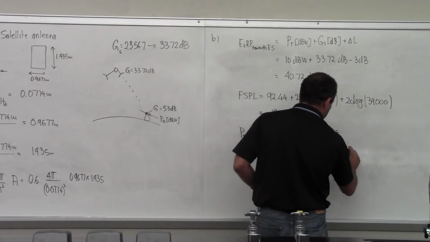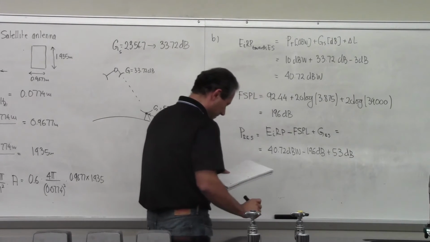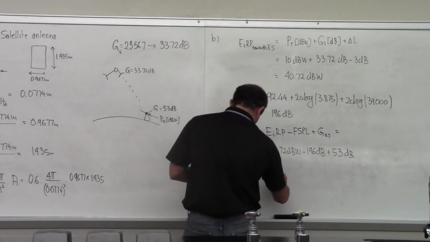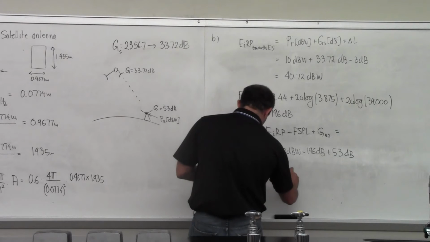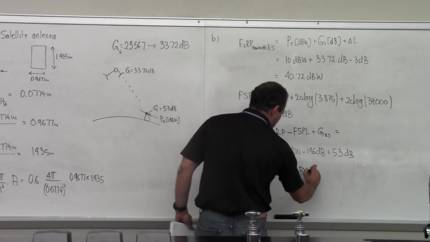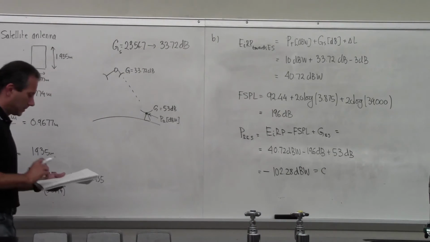When I calculated this, I always have a disclaimer, you end up with minus 102.28 dBW. And this is the same as C, right? The carrier power of your signal.